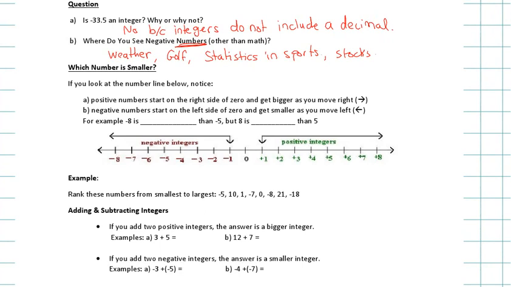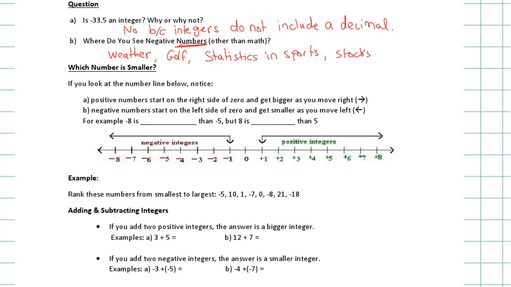Okay, now let's see how the negative and positive integers work, okay? Do you guys know we have a number line? A number line starts from 0, and it either goes to the left of the 0 or to the right of 0, okay? And this is where we have the negatives and the positives, right?